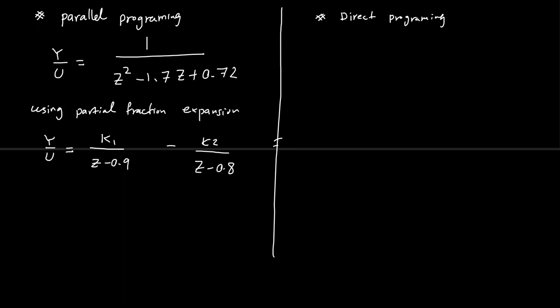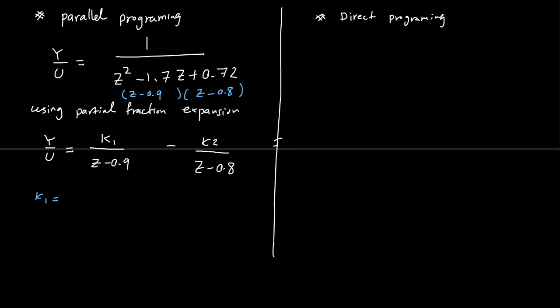So simply the first thing here, I factorize this into its factors, so this will be z minus 0.9 and z minus 0.8. They are distinct roots, so I can factorize it.